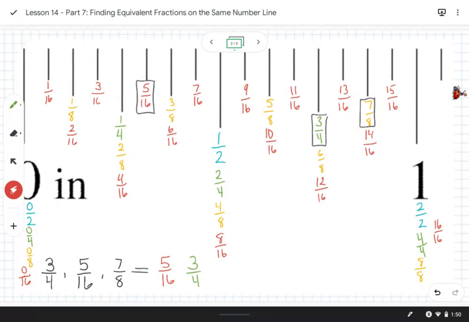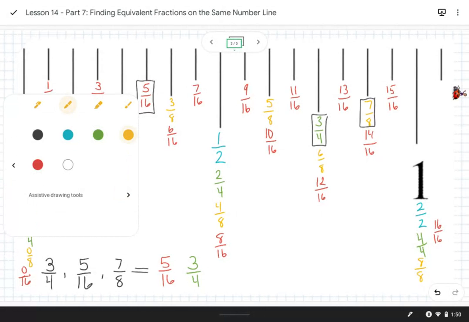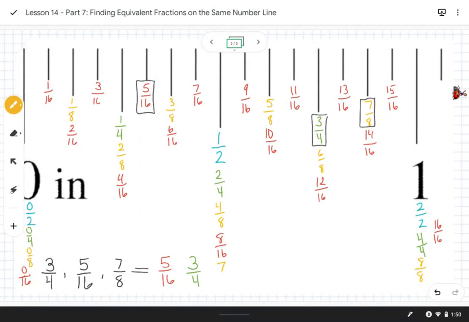It's the largest fraction. So I'll write that here, 7/8. Actually, you know what I'll do? I'll put 5/16 is less than 3/4, and that's less than 7/8. There you go. I can use the fractions on this number line to order these fractions from least to greatest.